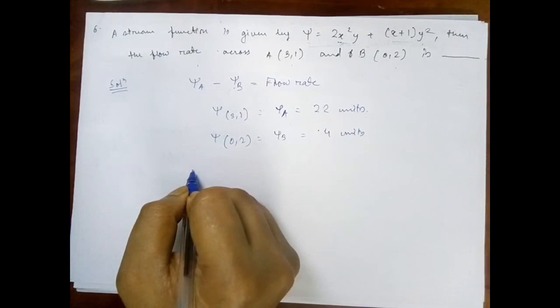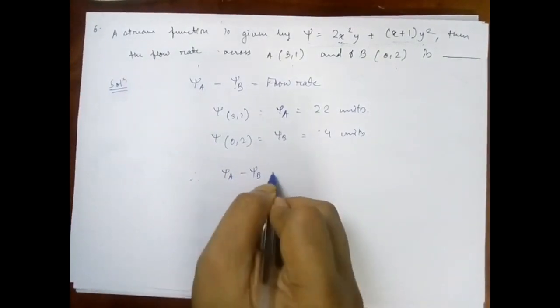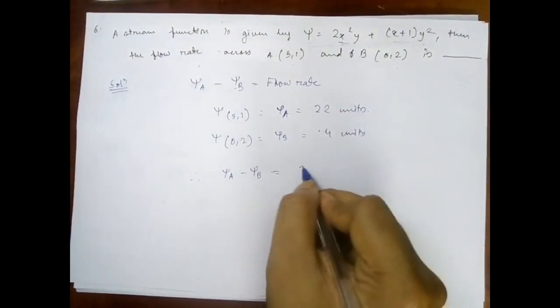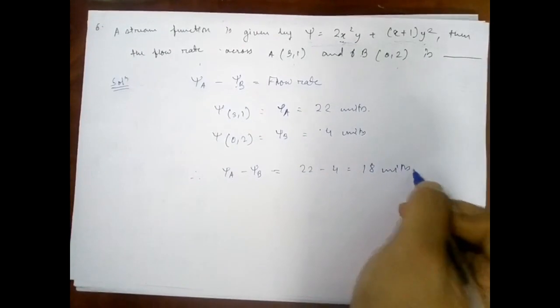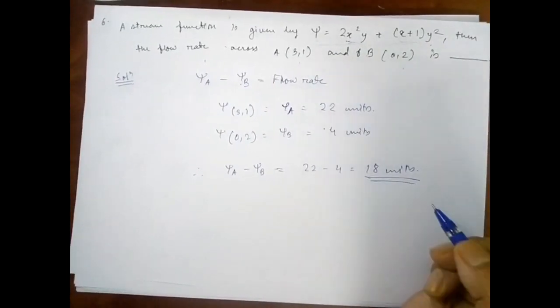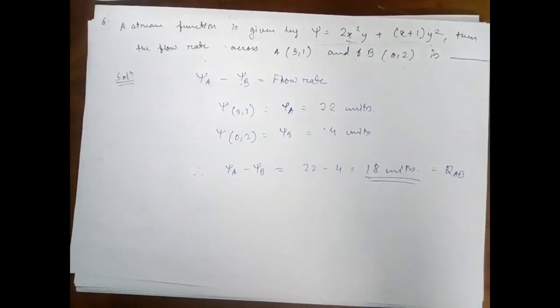So therefore psi A minus psi B will be equal to 22 minus 4, which is equal to 18 units. So therefore the flow rate across AB is 18 units.